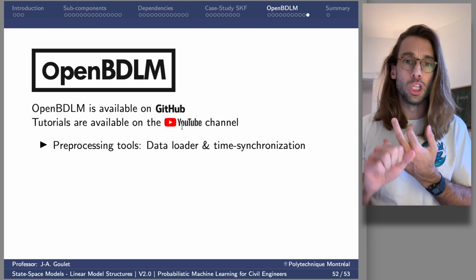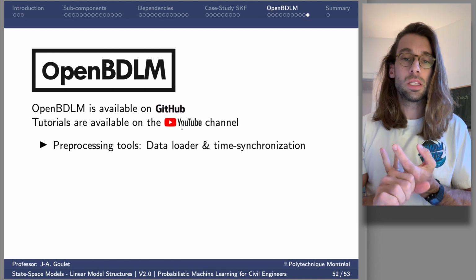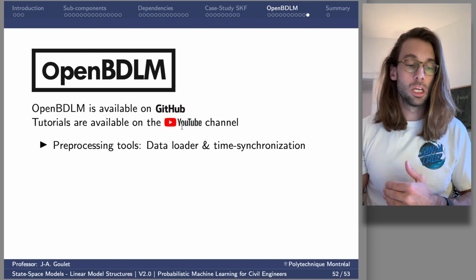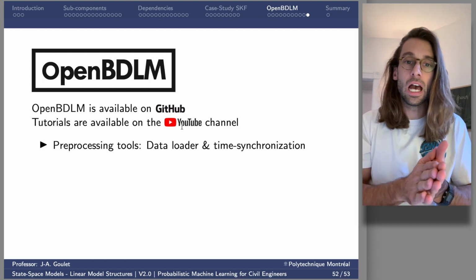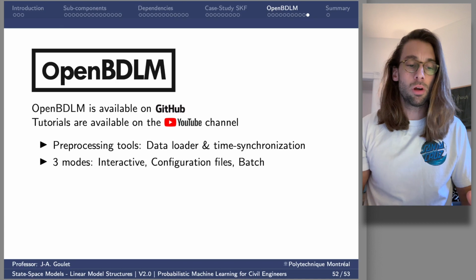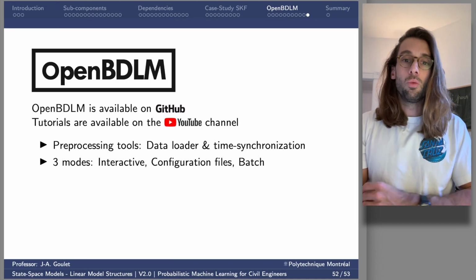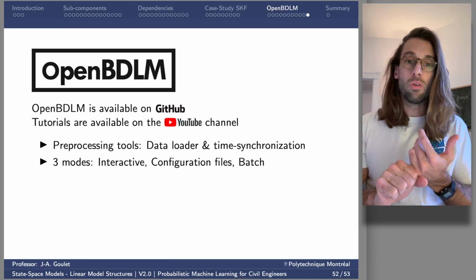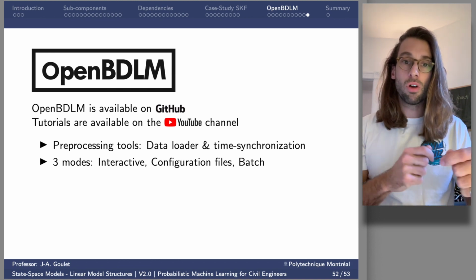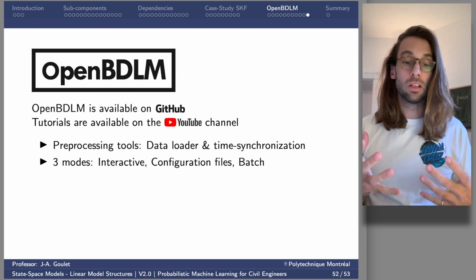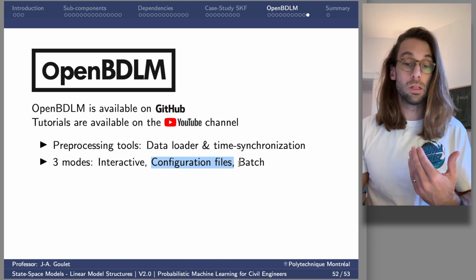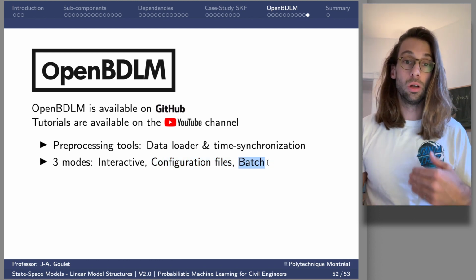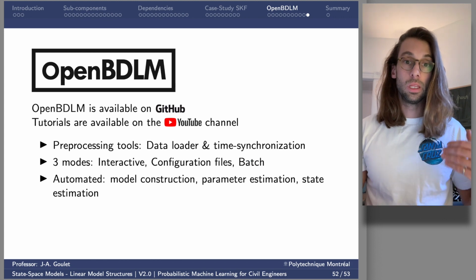Pre-processing tools in order to load the data, to synchronize the time step in the case where you have multiple time series, and to resample the data, for instance, aggregating daily data to weekly data, weekly data to monthly data, etc. You can process data with three modes: interactive, where you're going to have queries from OpenBDLM and you directly interact to create config files; you directly build your own config files and load them into OpenBDLM; or, in a case where you have multiple time series, you can work in batch mode to automate the data processing step.